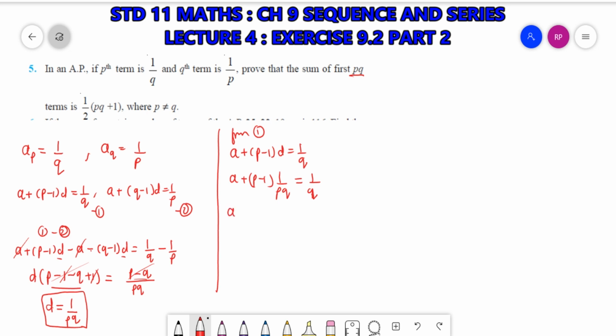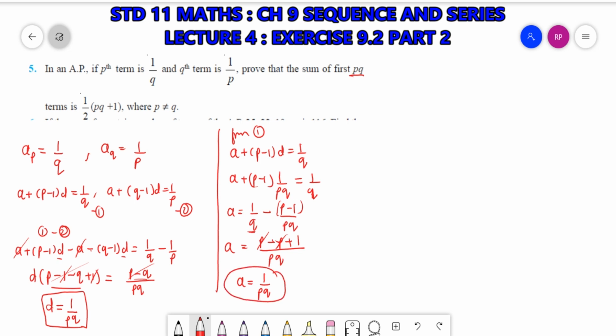So a equals 1 by q minus (p minus 1) upon PQ. LCM will be PQ. Here we'll add p, so it will be p minus p plus 1. P gets cancelled. So the first term a is also equal to 1 upon PQ.